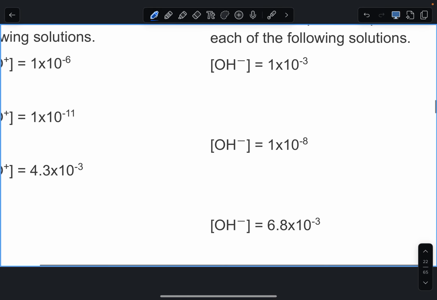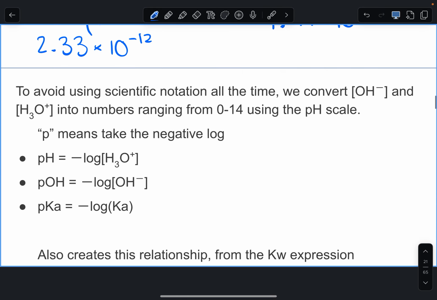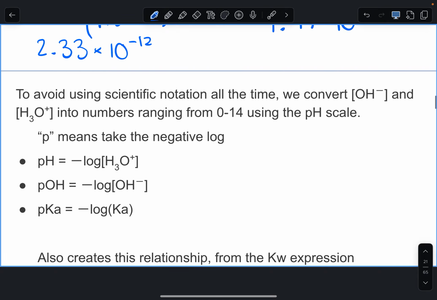Okay, so going back up to that next slide here, when you see P, it means take the negative log. So pH is technically H3O plus. Sometimes people will abbreviate H3O plus as H plus because it's like you donated the proton but not to water. You just kind of left it hanging out there.